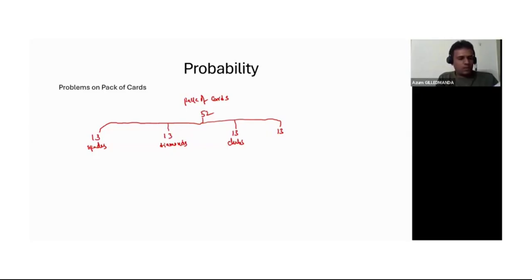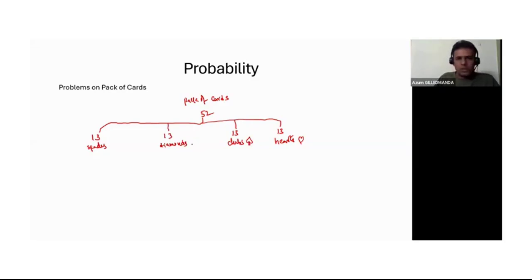So if there are 52 cards, each set is 13 cards, and that are spades, hearts, diamonds, and hearts. Okay. So hearts are of this shape, if you are familiar with the pack of cards. And then we also have clubs. Clubs will be like kind of a leaf, right? So those are clubs.